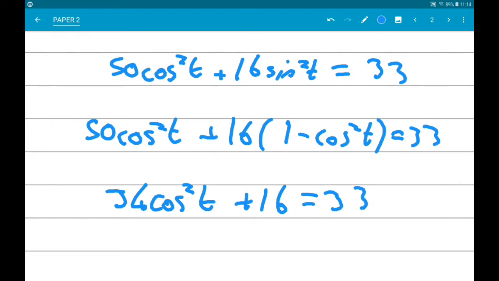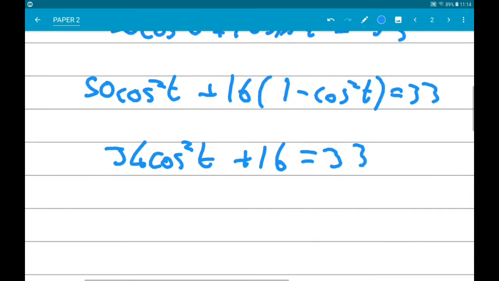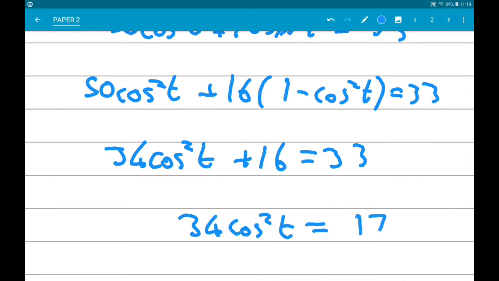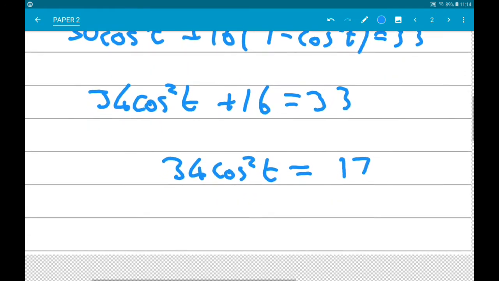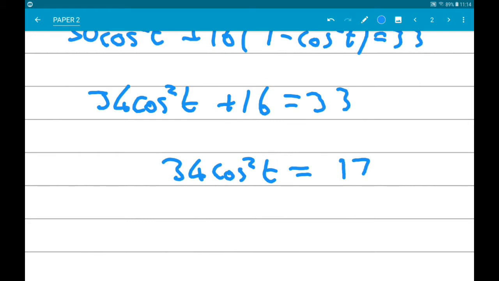Okay, take away the 16. Now we get 34 cos squared is equal to 17. And then that's really nice. If we then divide by 34, cos squared t is 1/2.